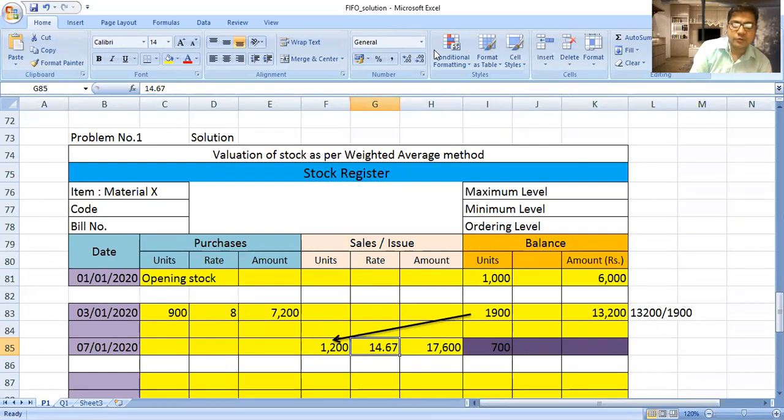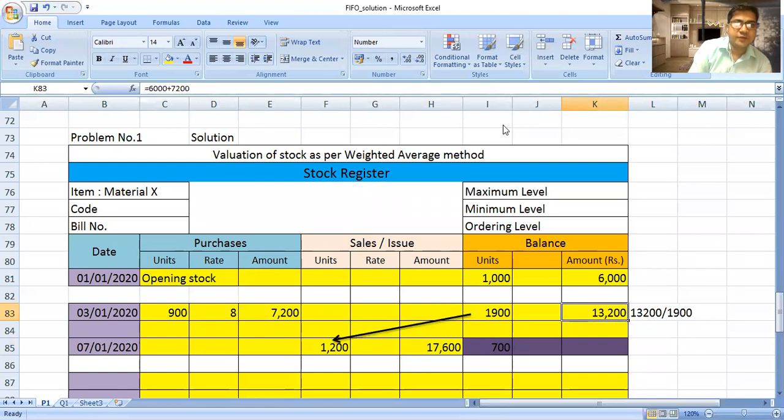Everyone has got it or not? First of all, you have to find out this wrong value is there. This value is wrong. First of all, you have to find out the average. Total previous amount divided by 1,900. So how much do you get?